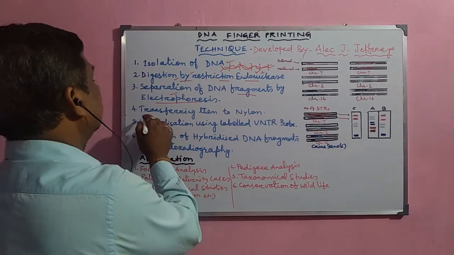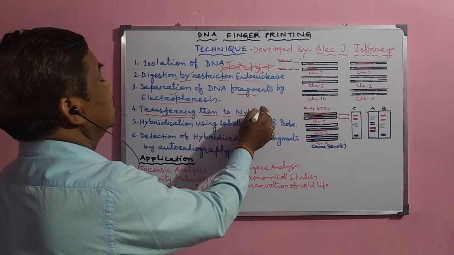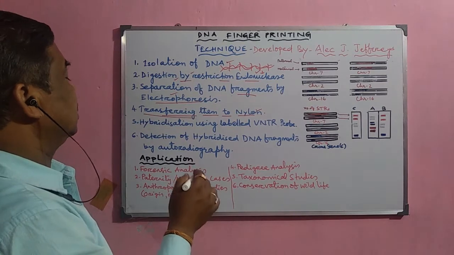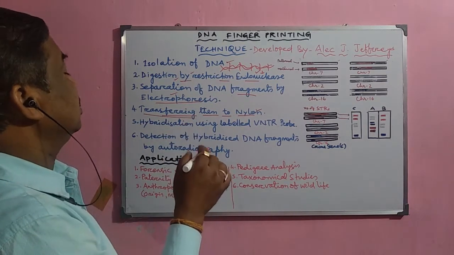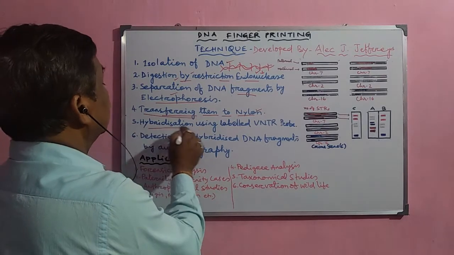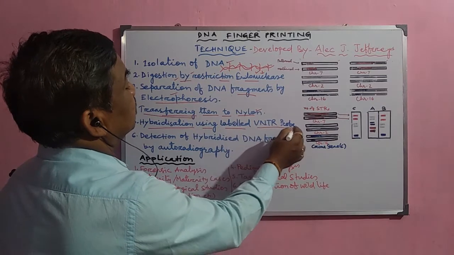After the separation, they are transferred onto a nylon sheet, and after it is transferred, UV radiation photographs are taken, and then they are hybridized using the labeled VNTR probe.